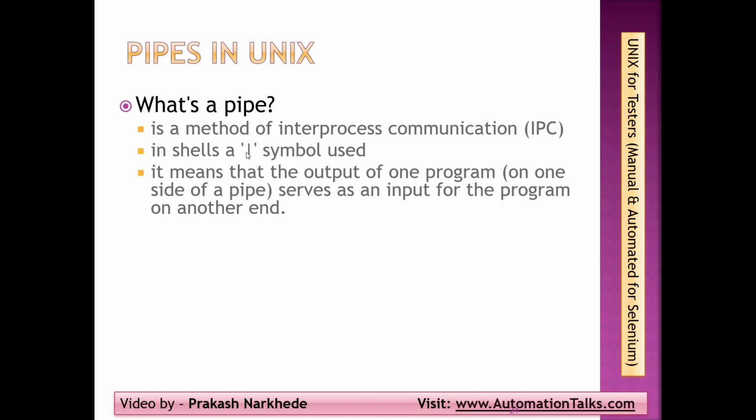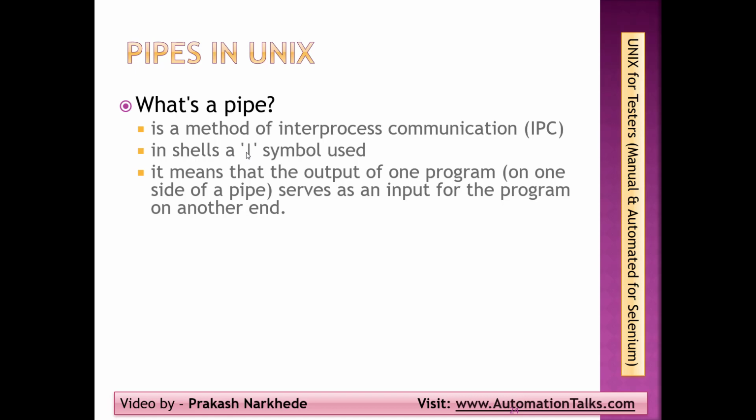As I said, a pipe is used to achieve inter-process communication, to talk between the processes. And a pipe is half duplex. Why? Because the data flows only in one direction: the output of one program goes as an input to another program, but not vice versa. The output of my second program is not coming back to the first program.